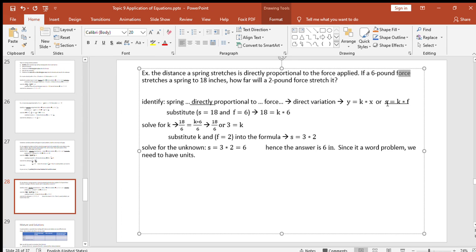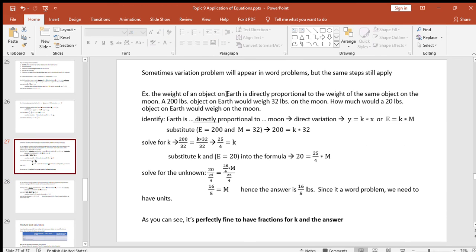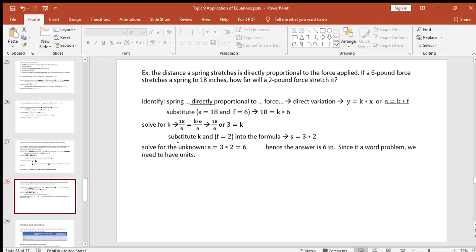So it's going to be spring and then force. Same thing with the numbers on the previous slide: Earth and then moon. Hopefully you see it.